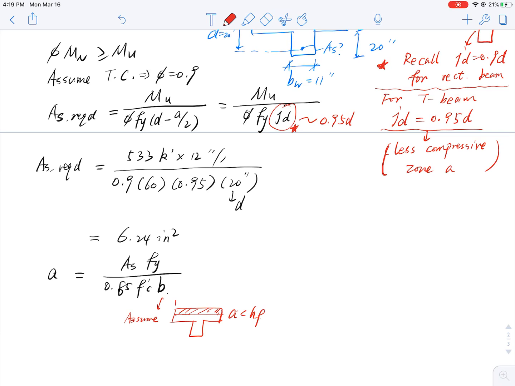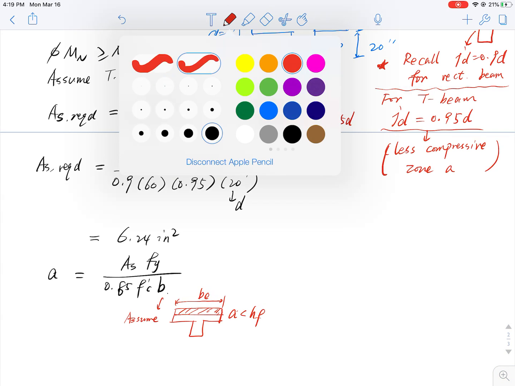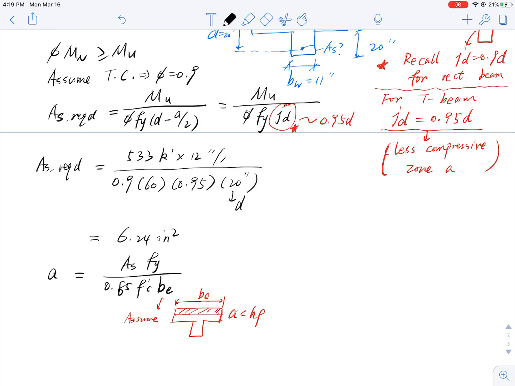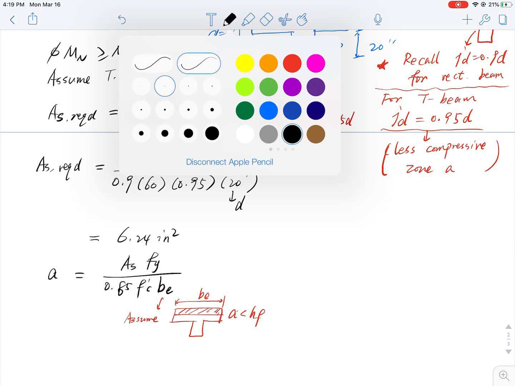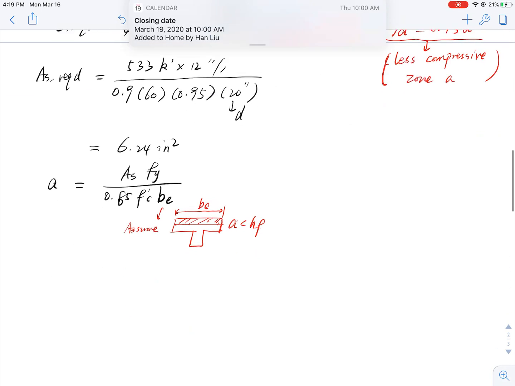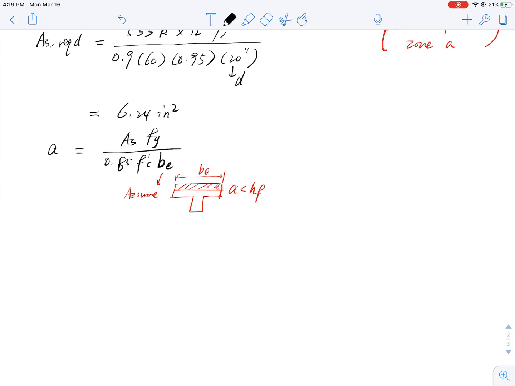If this is the case, I'm gonna assume this is be. So this is basically be. Now we have a equal to 3.212 inches.